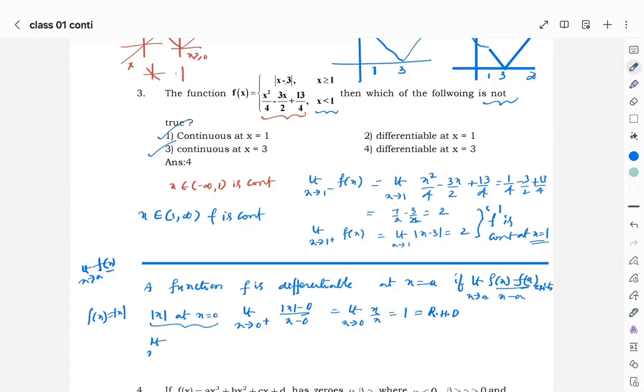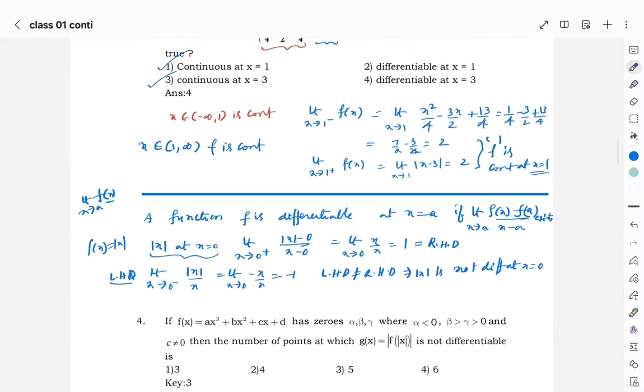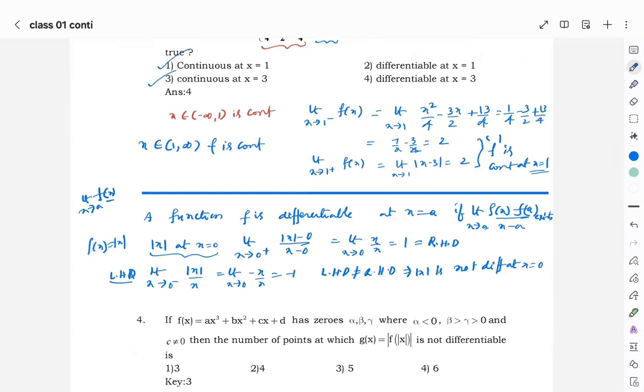The left hand derivative, limit x tends to 0 minus, where mod x will be minus x, gives minus x by x, which is minus 1. So the left hand derivative is not equal to the right hand derivative, which implies mod x is not differentiable at x equal to 0. Since the limit does not exist, it is not differentiable.